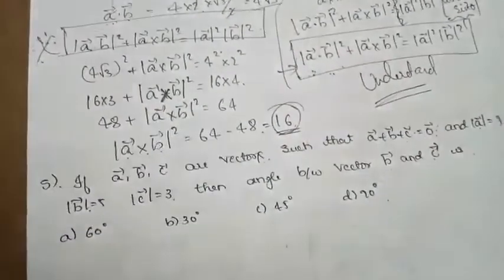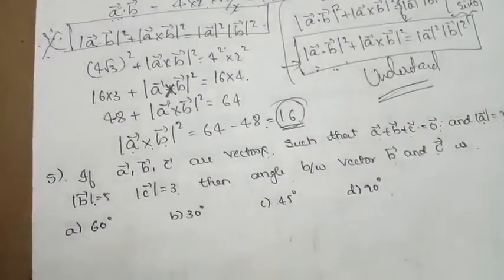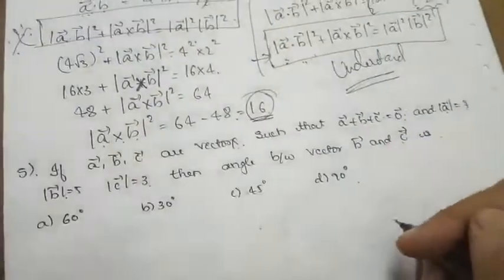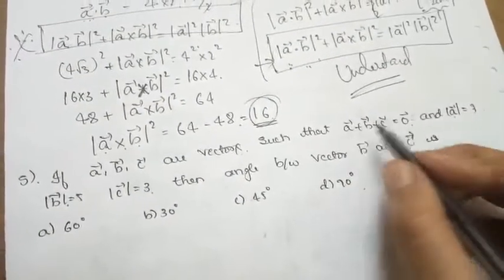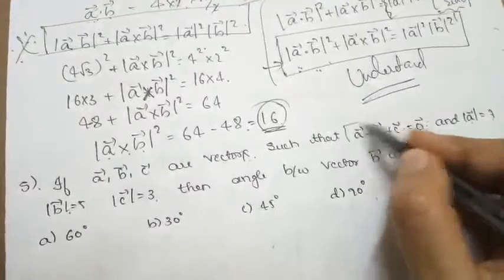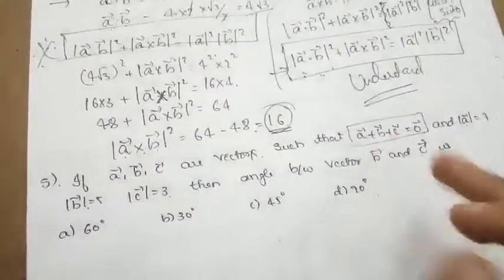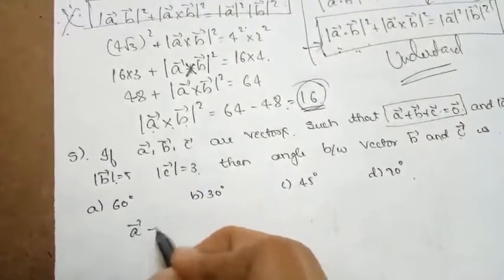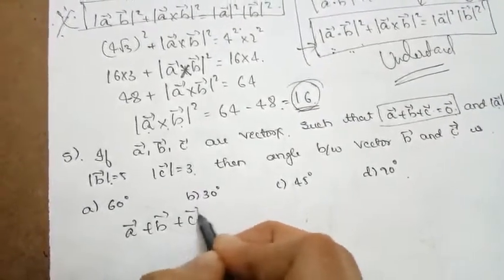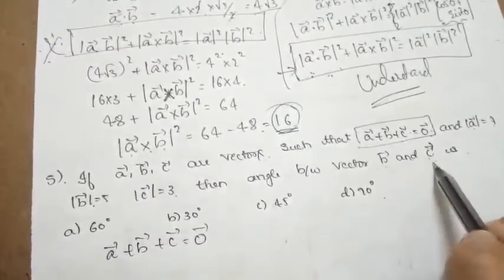Which formula to use will rise in your minds, but the first thing is to look into the given data. We have the magnitudes of all three vectors, and the sum of the three vectors is equal to 0. What we require is the angle between B and C.